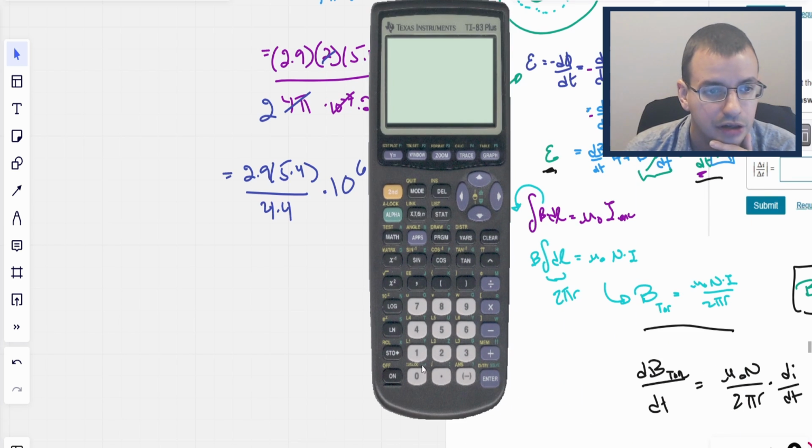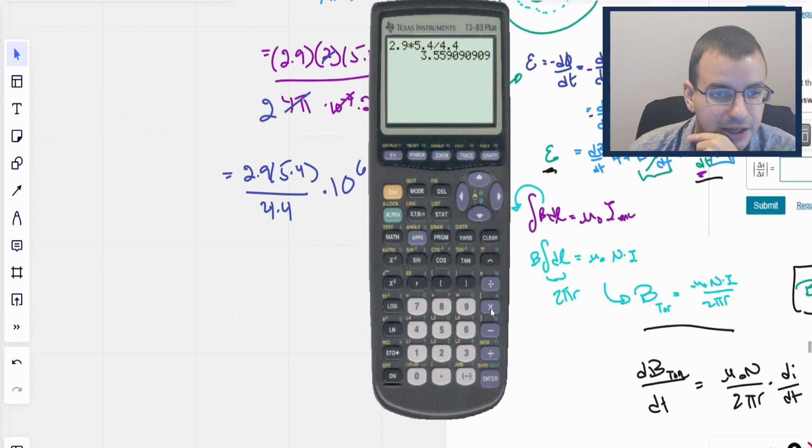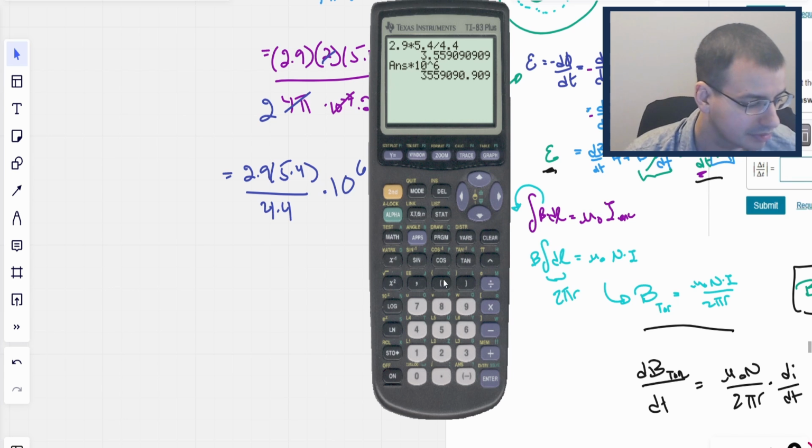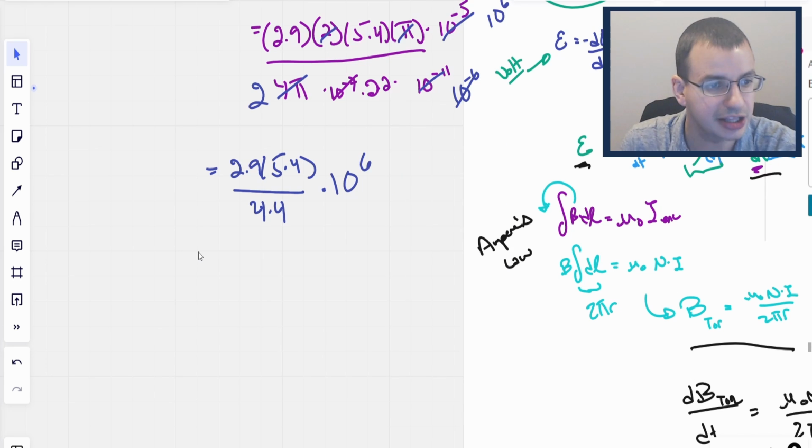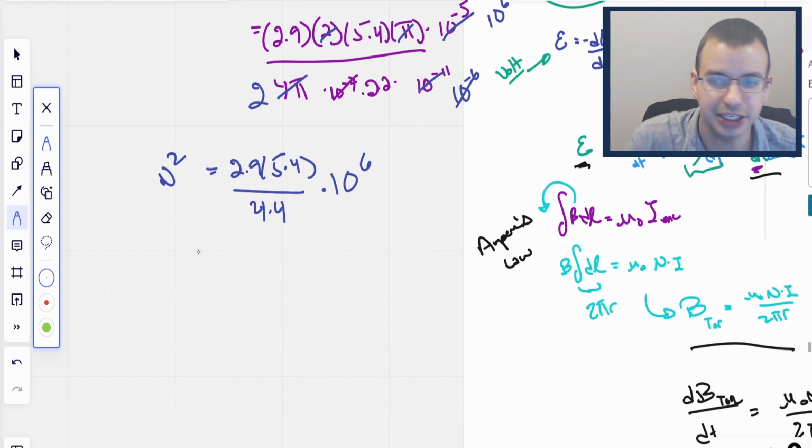Move it over here. 2.9 times 5.4 divided by 4.4 gives us about 3 times 10 to the 6, which might be true. And this is not n, this is n squared, which is the key idea here.